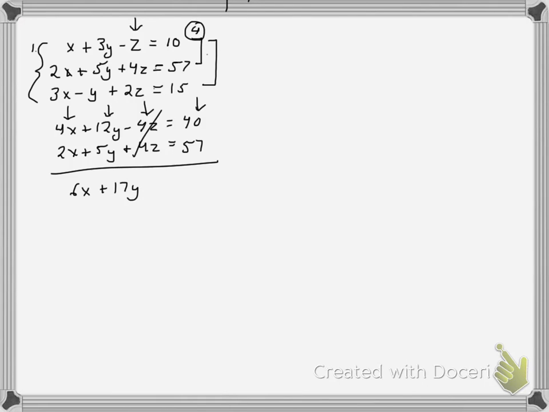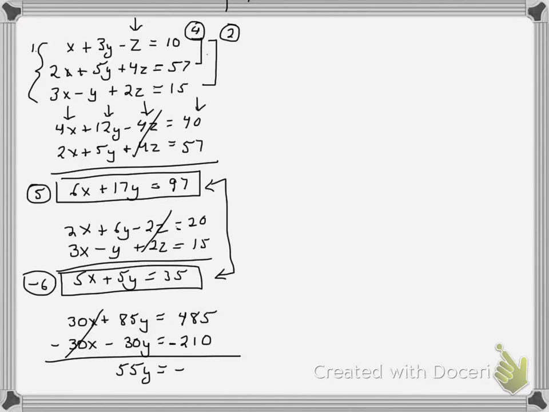These will cancel out, which is what I wanted, to eliminate z's, and that's going to equal 97. So that's one of my two variable equations. Now for the next two variable equation, I'm going to use 1 and 3 of the first three original equations, and I'm going to multiply the first.